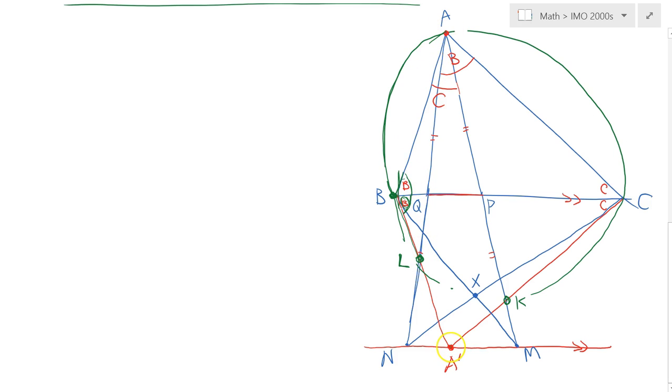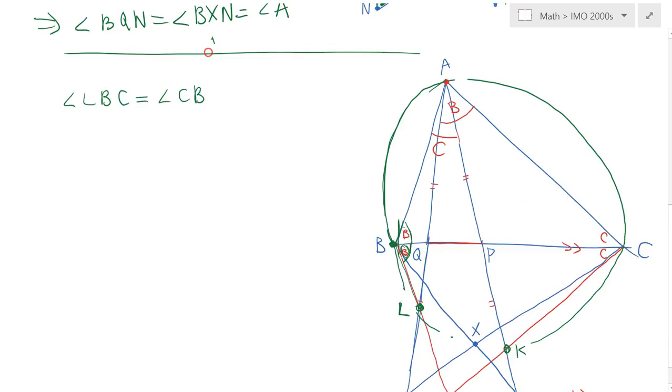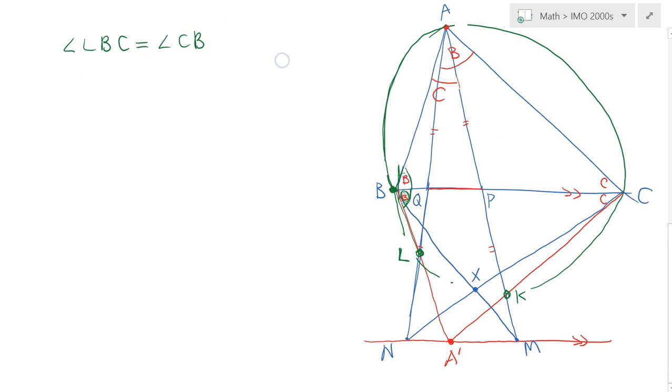Because we got the point A prime by simply reflecting A across BC, angle LBC is equal to angle CBA. But notice that angle CBA is the same thing as angle QAC. It's given in the problem. And QAC is the same thing as angle LAC.